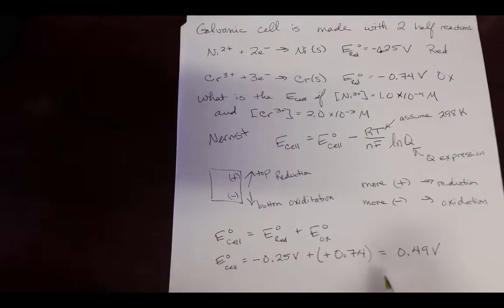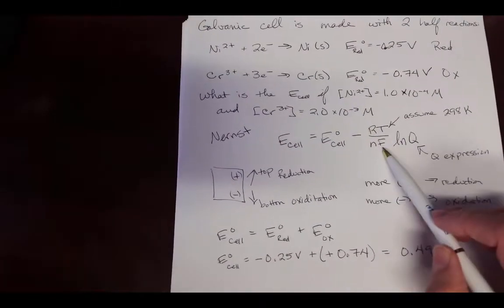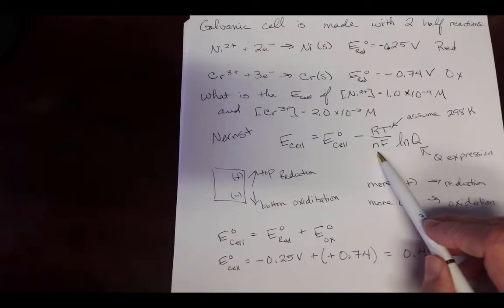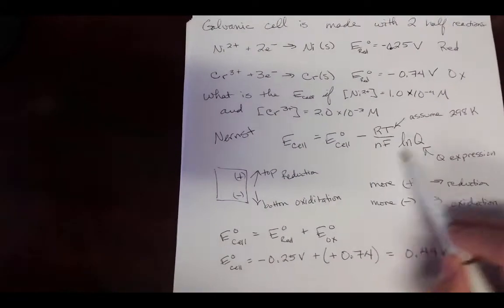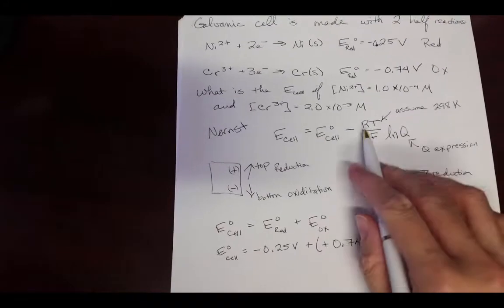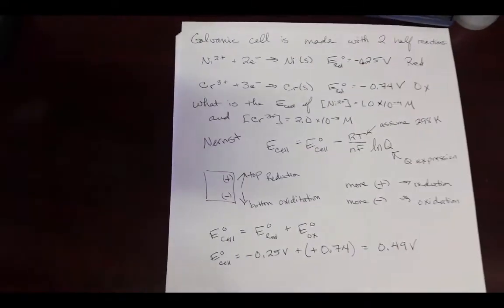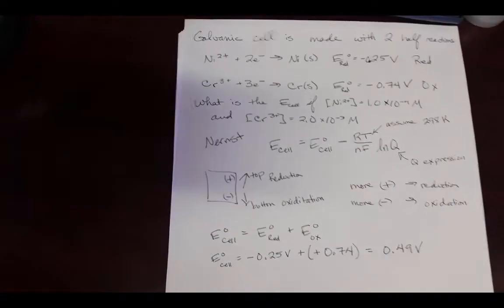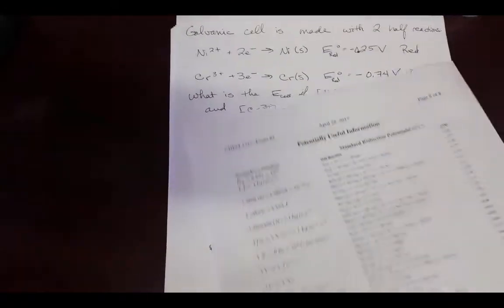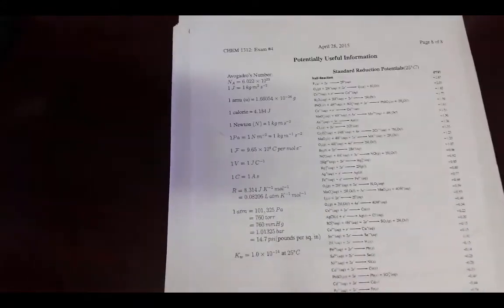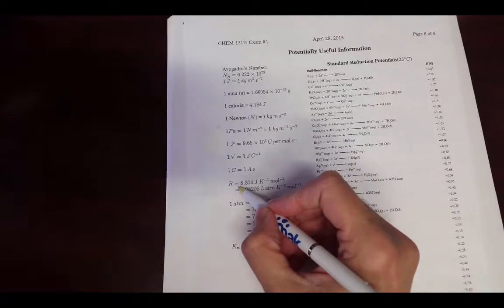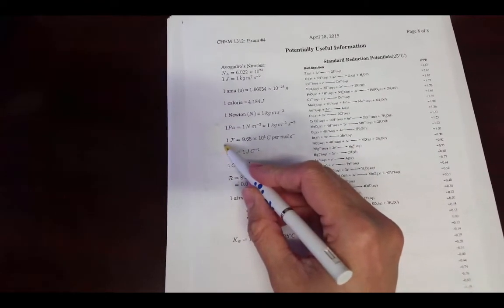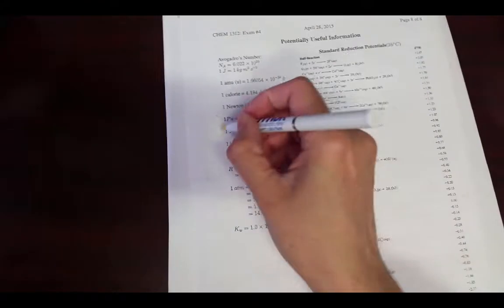Next, we can go ahead and take a look at this R, T, and F. And you'll also notice we have an N there. But let's go ahead and look at R, T, and F. So for those three, those are all going to be things that we can pull off of that potentially useful information page. So they're not things you need to memorize. But you can find R, and you can actually also find F, or your Faraday's constant.